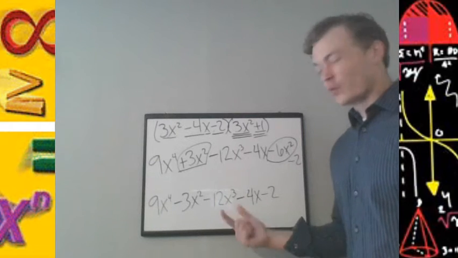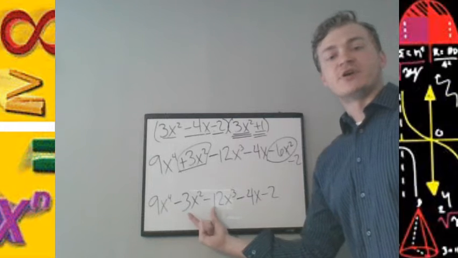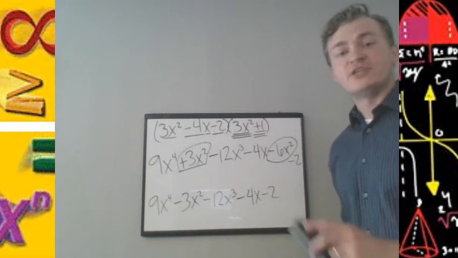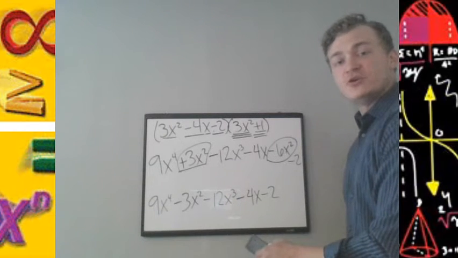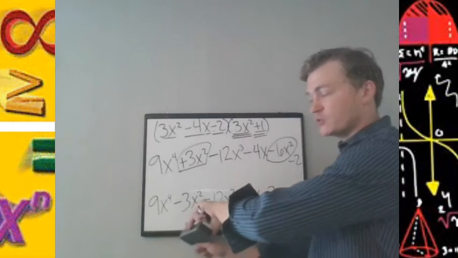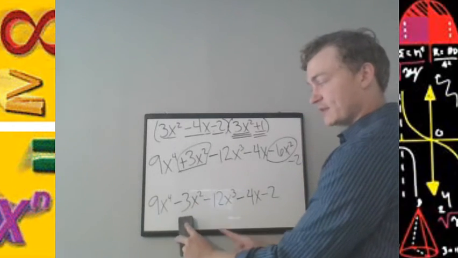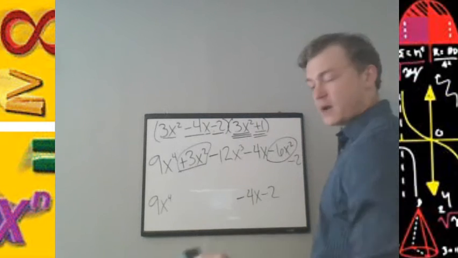Now we just want to rewrite this in the proper form simply by switching around these two terms. With addition and subtraction, we can simply switch these. Negative 3x squared minus 12x cubed. Because I'm subtracting either way, I'm just going to take these two terms and move them around. I'm going to make the first term a minus 12x cubed.